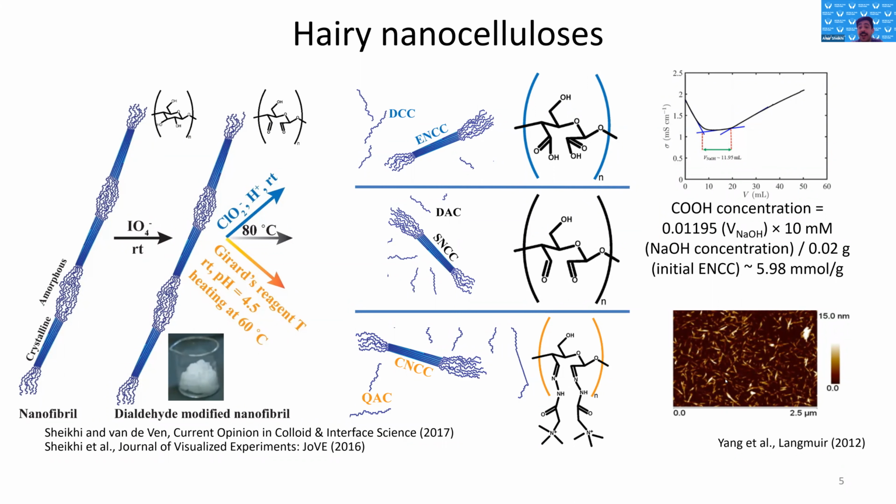However, our chemistry does not damage the crystalline structure if it is controlled. Of course, the reaction time and the concentrations are very well controlled. So the crystalline part of hairy nanocelluloses looks very similar to the crystalline part of cellulose nanocrystals.